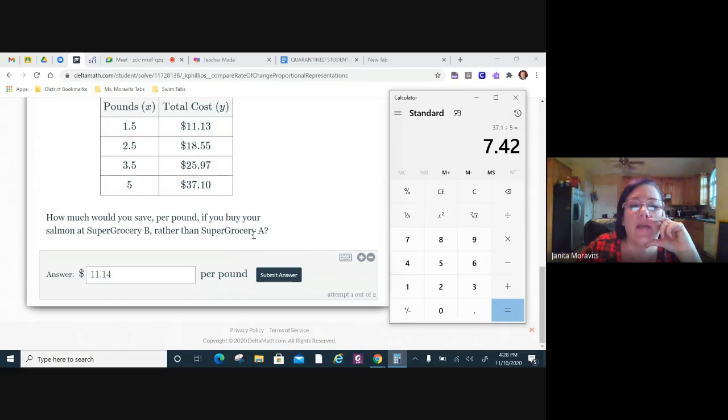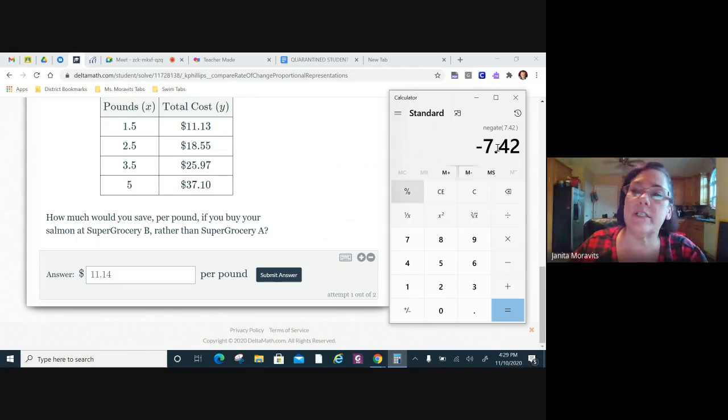How much would you save per pound if you buy your salmon at Grocery B rather than Grocery A? Well, you're going to spend $11.14 at A, and you're going to spend $7.42 at B. So an easy way to do this on this calculator, I'm going to make this a negative number right here by clicking this plus minus. Or you can just redo it.